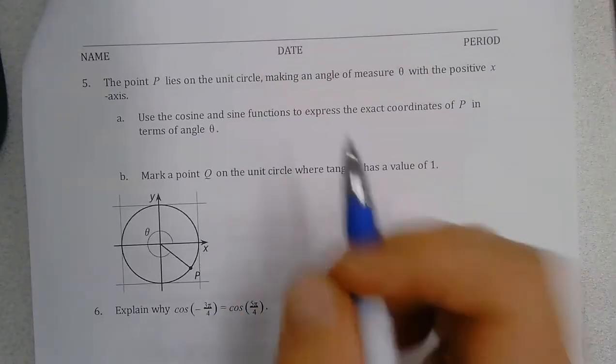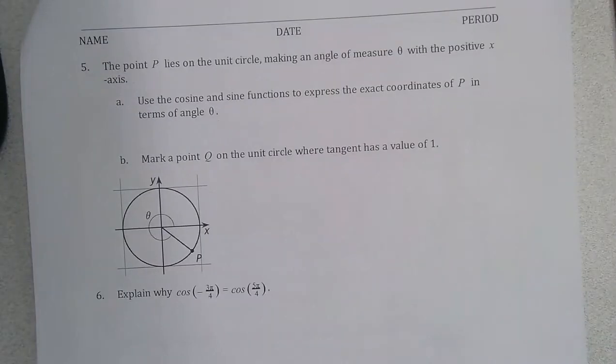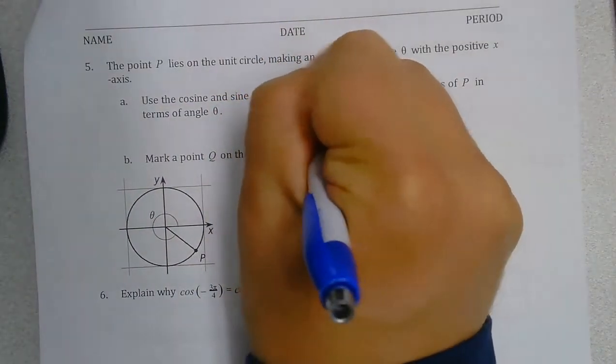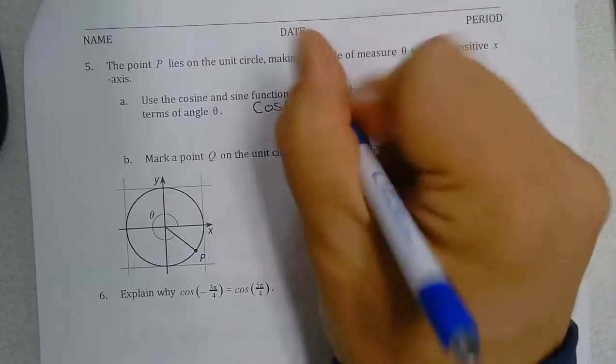So my last one, the point P lies on the unit circle. So find the coordinates of P using the cosine and sine. Remember, the cosine function is equal to your x coordinate.